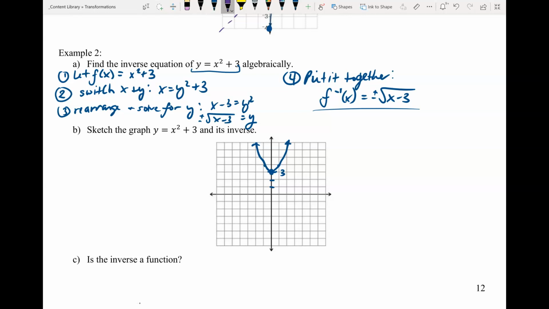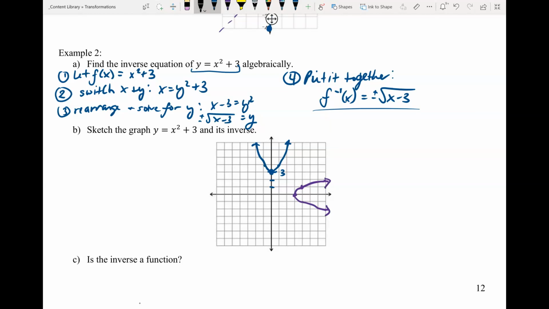So that means we're going to start off at 3, 0. And we are not stretching or compressing this, so our next point is going to be 1 up, 1 over, something like this. And because it's plus or minus, we're going to have another arm on the other side. And that would be our inverse graph.